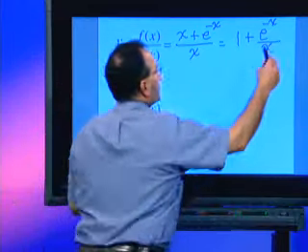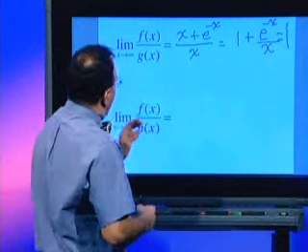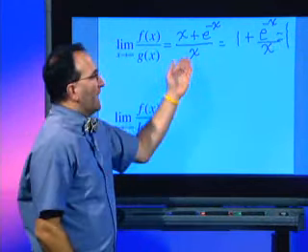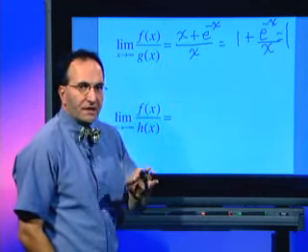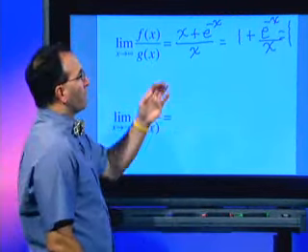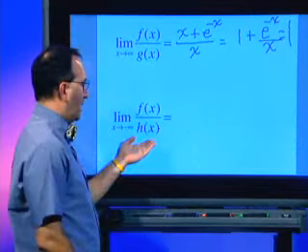And therefore, this limit is 1. So that means that g of x equaling x is a good, basic, simple function to use for the right-end behavior model. What about the left-end behavior model?